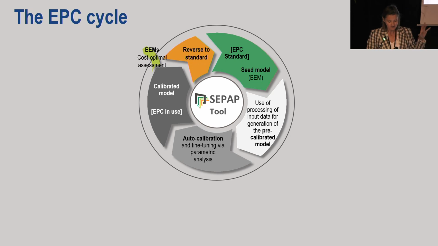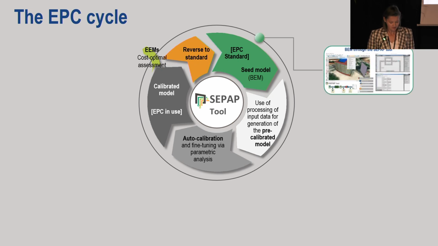Then we simplified and translated this previous scheme into this concept, the so-called EPC cycle, where we start from a very simple first model and follow all these steps by using the functionalities already implemented in the CEPAP tool developed by the project.